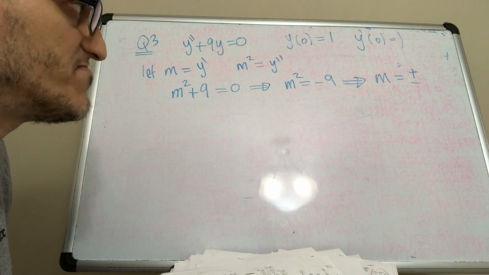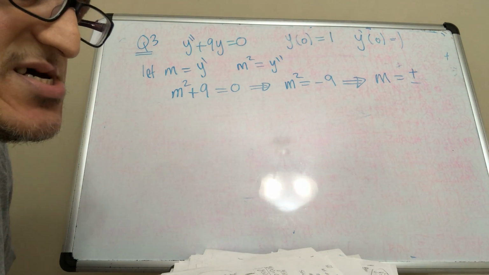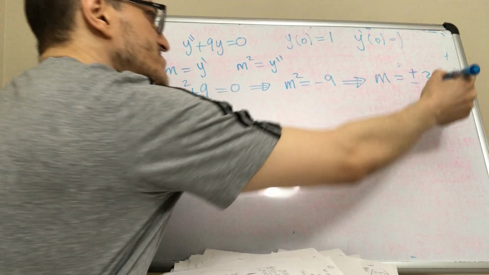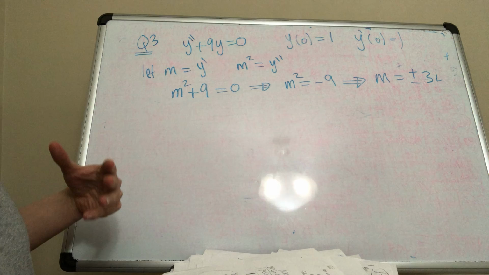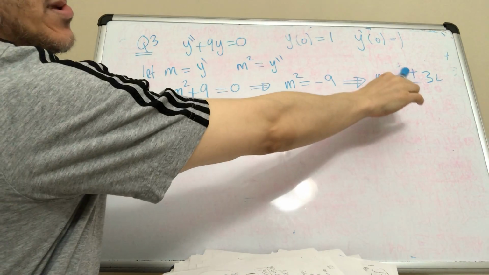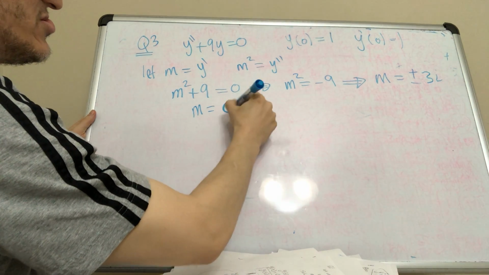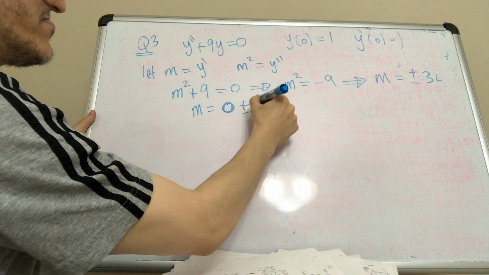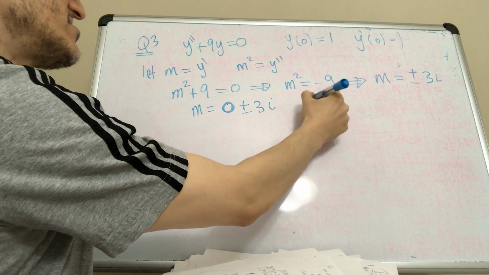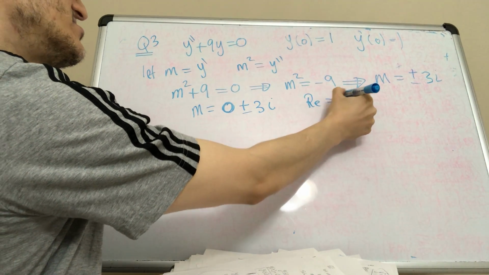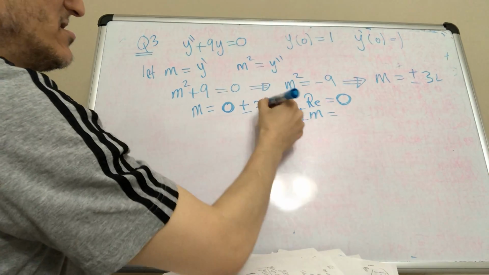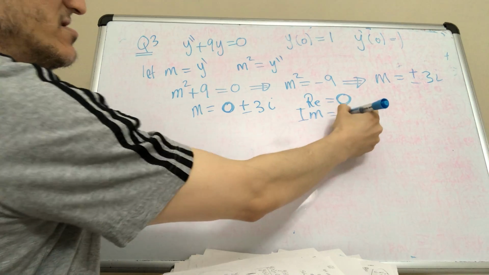The square root of 9 is 3, and the square root of minus 9 is 3i. But to write this the correct way, you see there is no number by itself, so your real number is 0, and your imaginary number is 3. So real is 0, imaginary will be the coefficient 3.